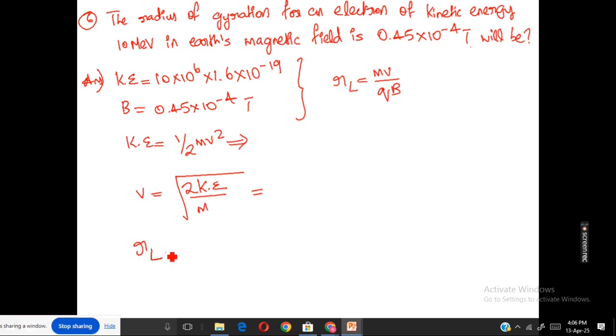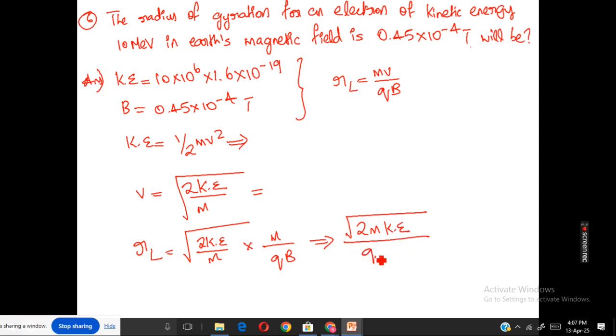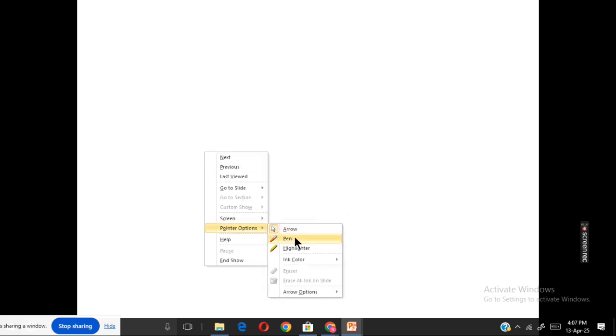So RL can be written as root of 2 kinetic energy by mass into m by qB, or we can write root of 2m into kinetic energy divided by qB. m was given as 9.11 into 10 raised to minus 31 kilogram. q was given as 1.6 into 10 raised to minus 19 coulomb.